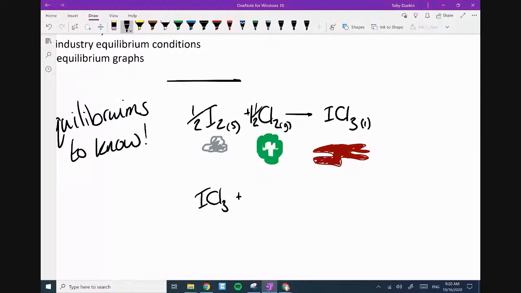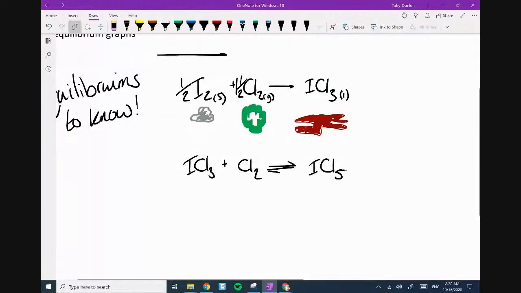So you take iodine trichloride, you react it with another mole of chlorine, and we establish this equilibrium of iodine pentachloride, ICl5. Now what that looks like is your brown liquid reacts with your green gas, and you form, I believe, a yellow solid.